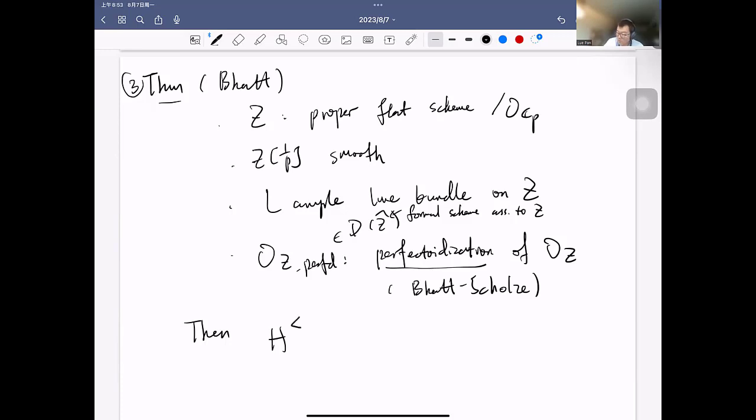So below the dimension of Z, or the relative dimension of Z, so the dimension of the special fiber, you have O_Z^perf mod p^n tensor L inverse is almost 0.